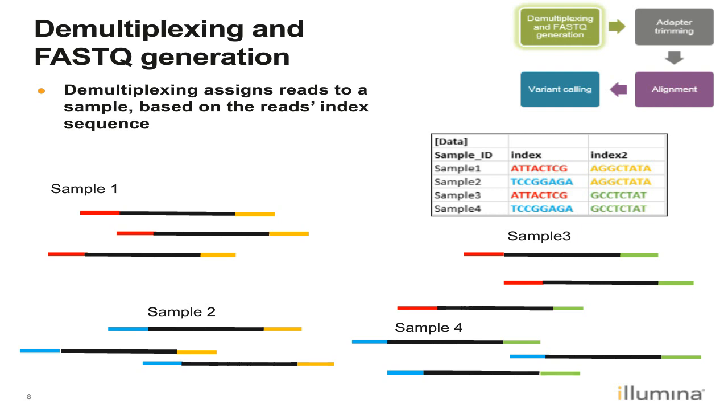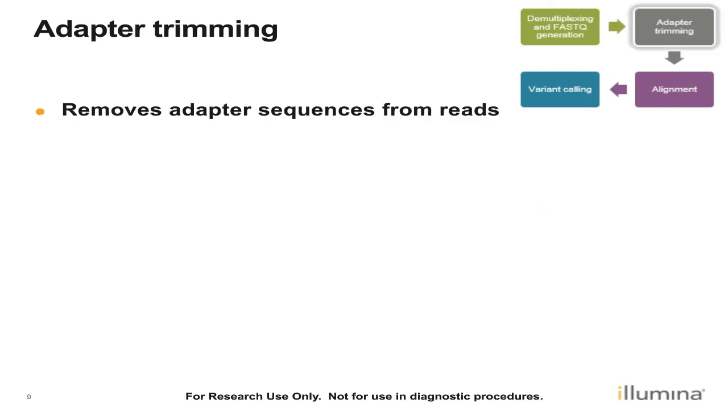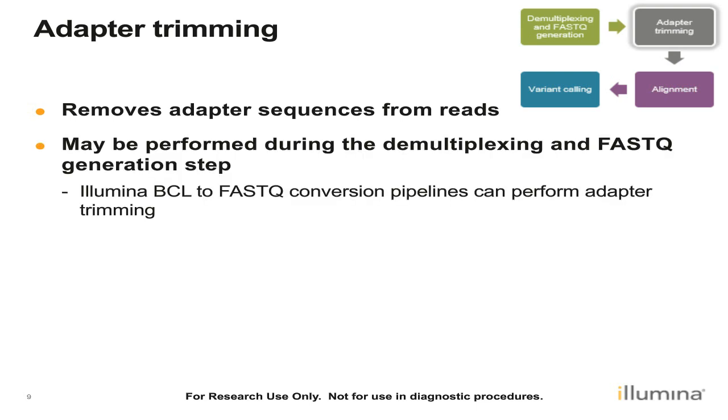And once we have our FASTQ files, we need to trim adapters. So adapter trimming is important for a couple of reasons that we'll go into. This can be performed either when you're generating FASTQ files, specifically with our BCL to FASTQ conversion pipelines.